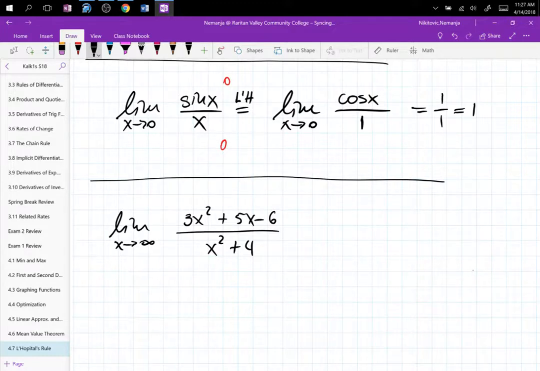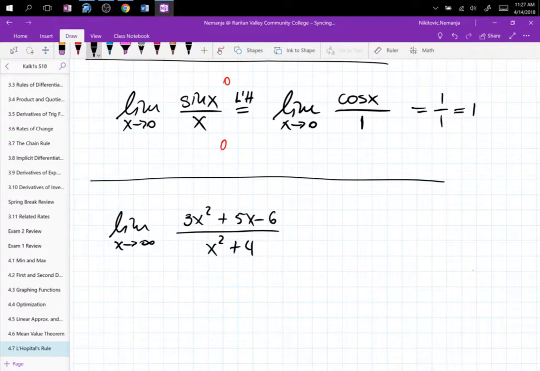But now, if I introduce the infinity, well, when I plug infinity everywhere, what I get is infinity divided by infinity. And that is indeterminate form. So if I have indeterminate form, I can use L'Hopital's rule. So this would be just another third way to solve this problem. Now, obviously, we're not going to use L'Hopital's rule to solve this, because you just look at it and you know.